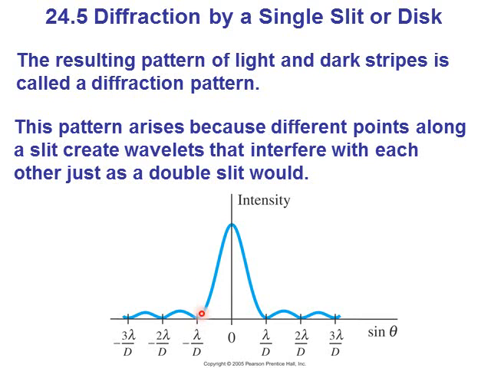You'll have a very bright, very intense pattern right in the center of the screen where it comes through. But then you'll end up with these little blips where there's a little bit of light and it gets dark, and there's a little bit more light and it gets dark. That is it interfering with itself.